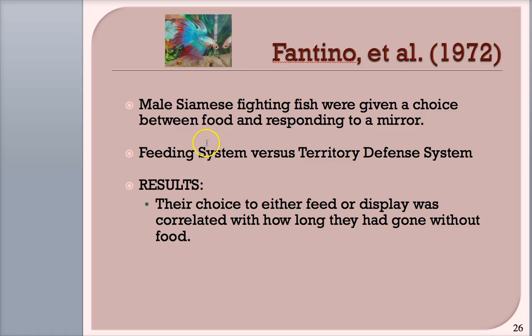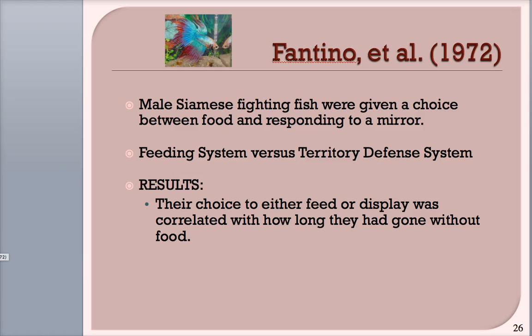The independent variable here is food deprivation. So we're choosing between the feeding system and the territorial defense system. Their manipulation was to measure choice over a number of days as the fish became more and more food deprived.